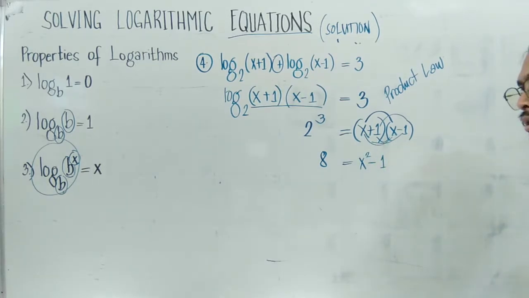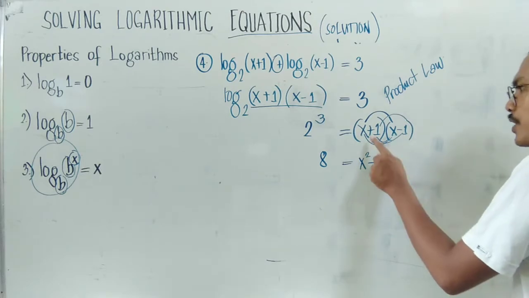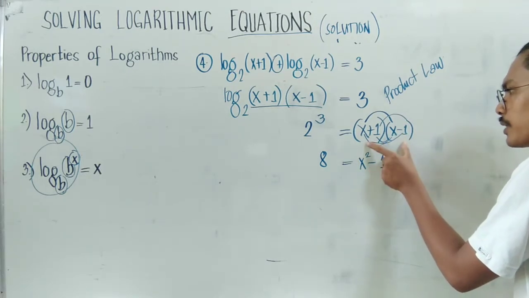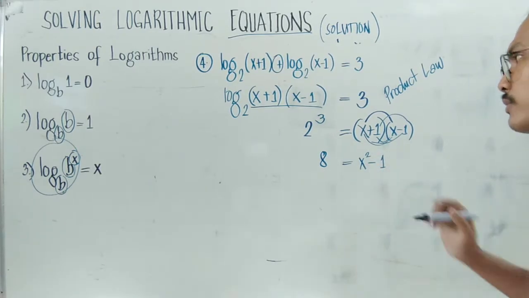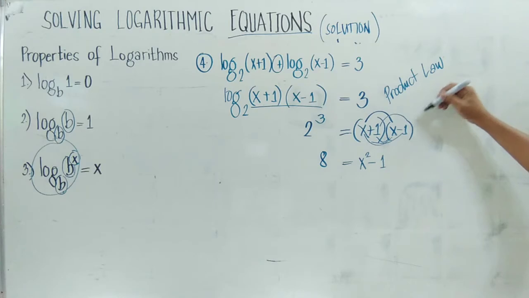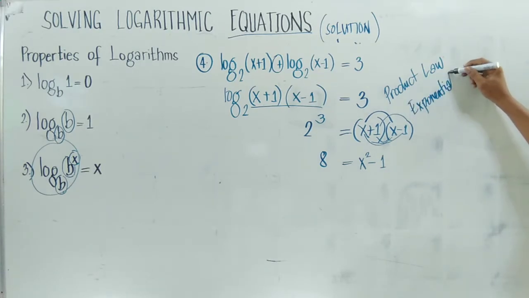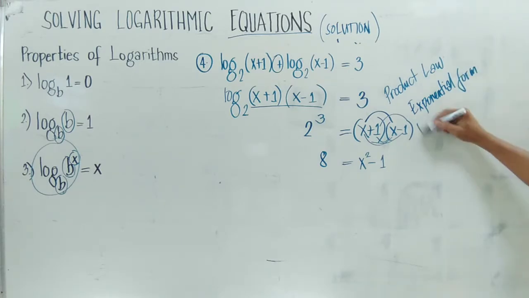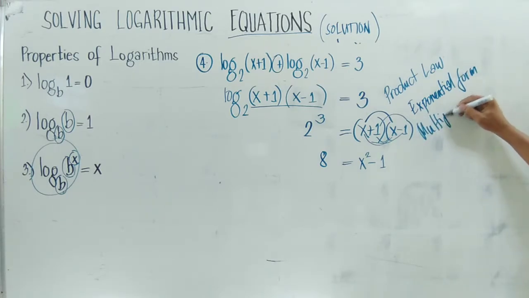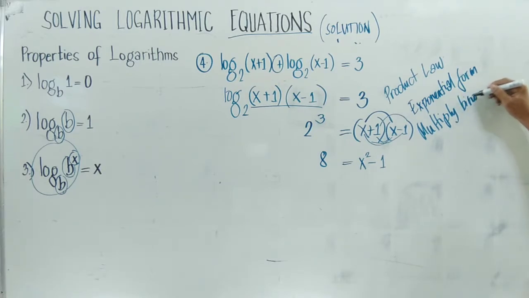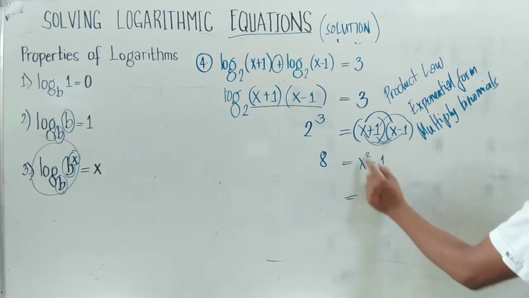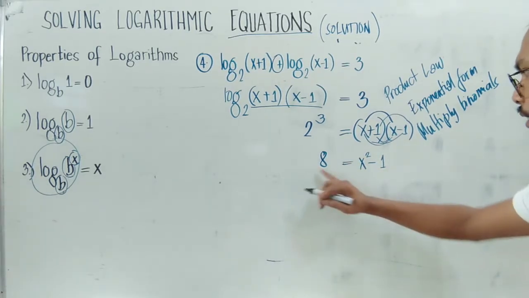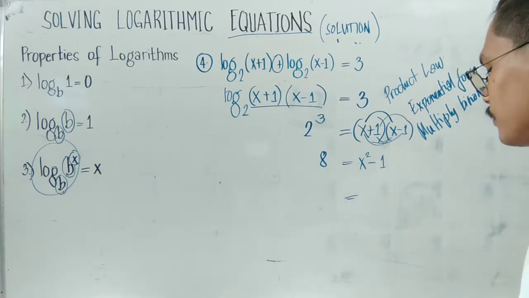Difference of two squares: we have the sum and difference of two binomials. So product law, then rewriting into exponential form, then multiply binomials. So we get x squared minus 1 equals 8, or 8 equals x squared minus 1.